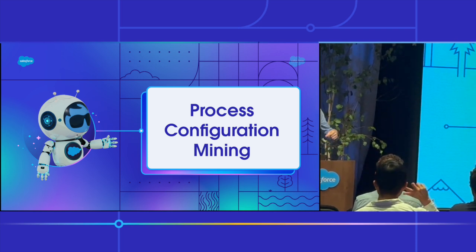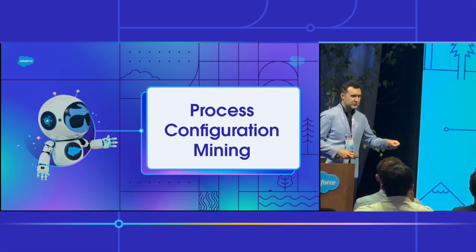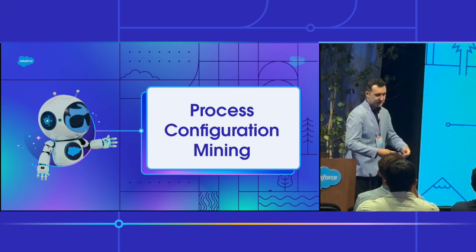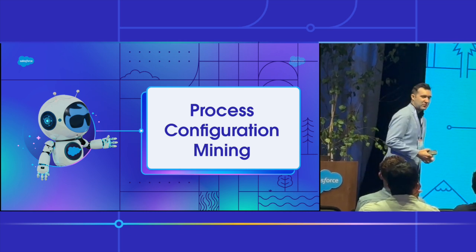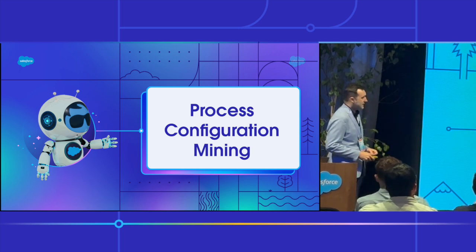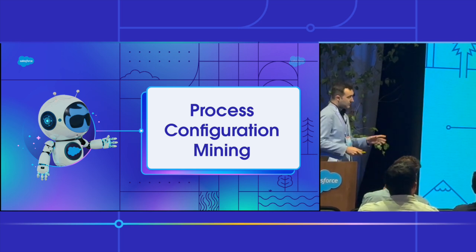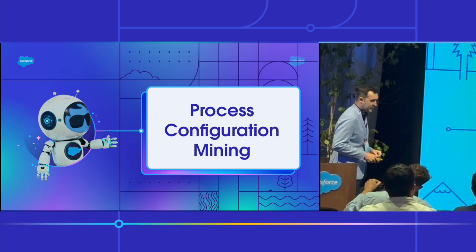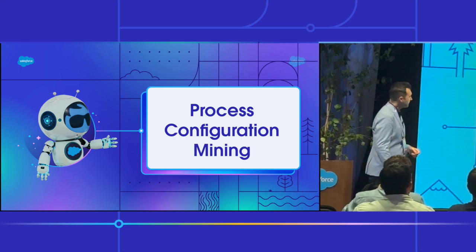So process configuration mining is about finding what the actual business process is based on how the org is configured today. Think of it as a bit of org archaeology, and then using separate action to identify where, based on these rules, an AI agent could be best applied.